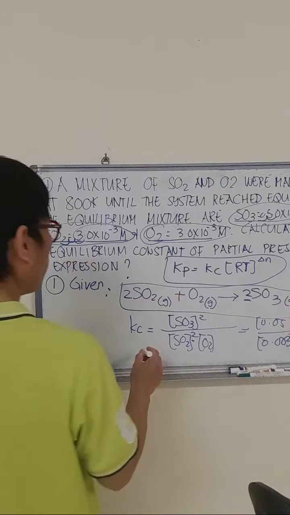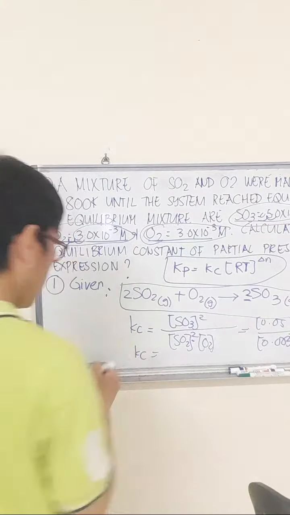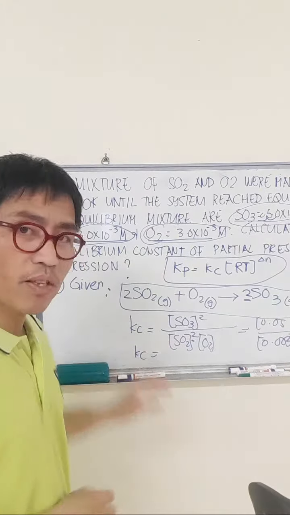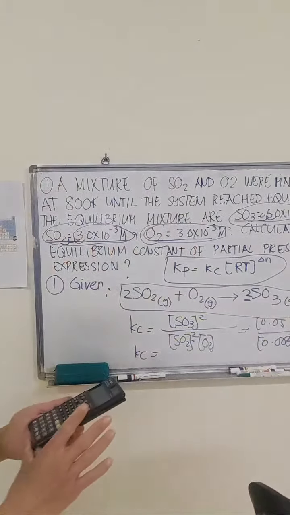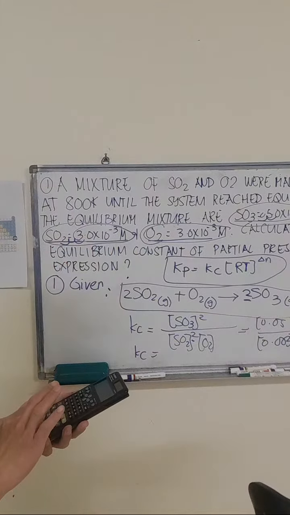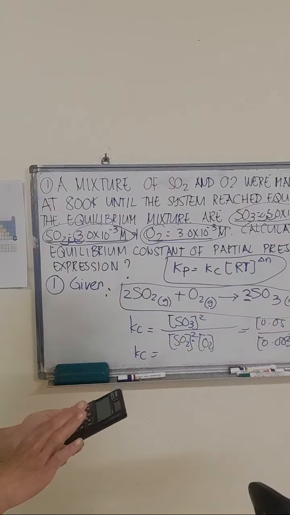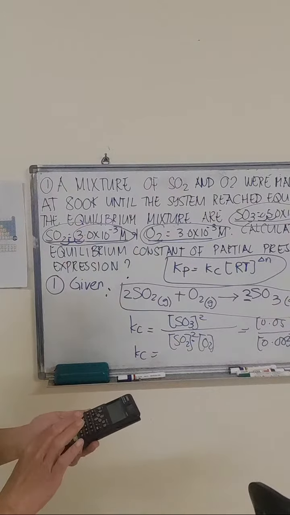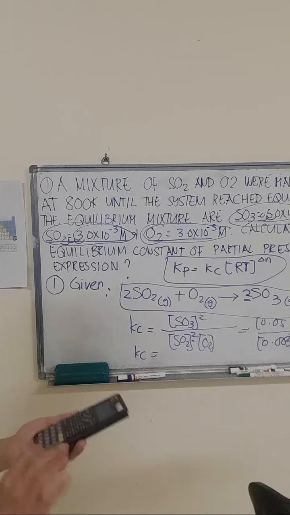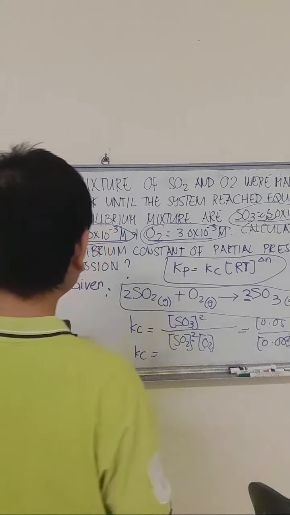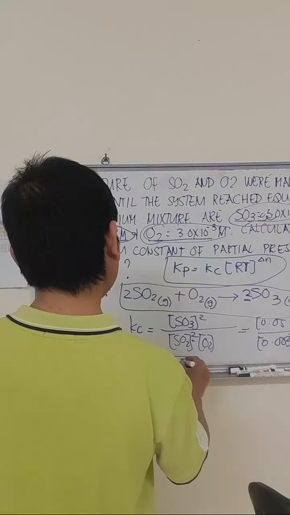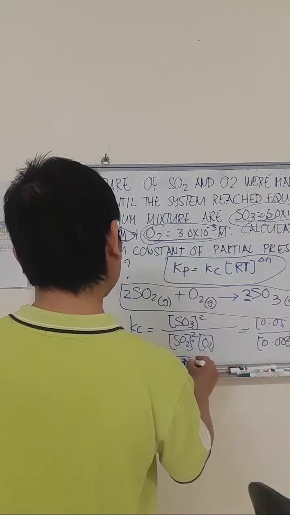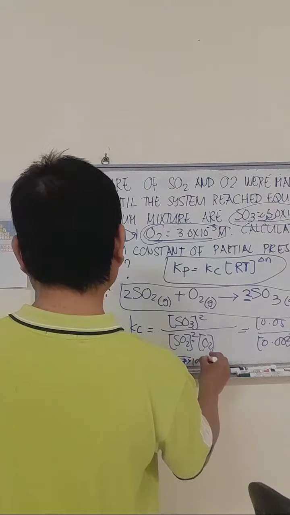So, calculator please, you have the Kc here. Actually this is very easy because it's direct substitution, but you have to understand the concept. Calculator, please. 0.003 squared equals 2.7 times 10 to the negative 8, the denominator.